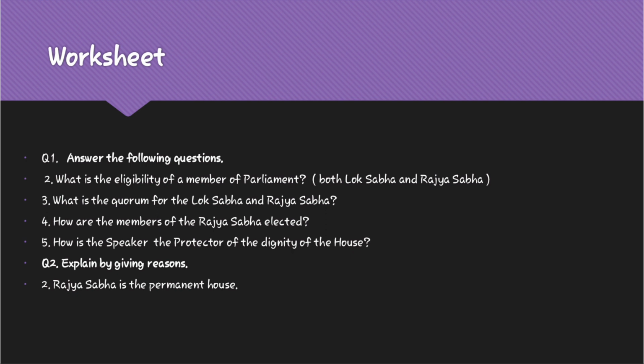There, from the bottom, the last third line: Rajya Sabha is the permanent house. It cannot be dissolved, but 1/3 of its members retire every 2 years and the same number of members are elected. Thus, the tenure of a member of the Rajya Sabha is 6 years. However, the members are eligible for re-election and re-nomination. That is answer number 2, section 2.